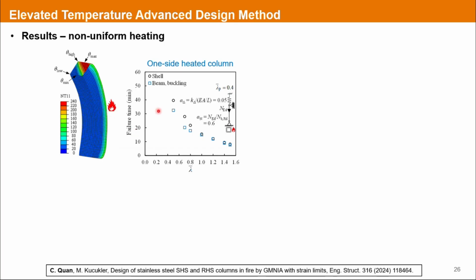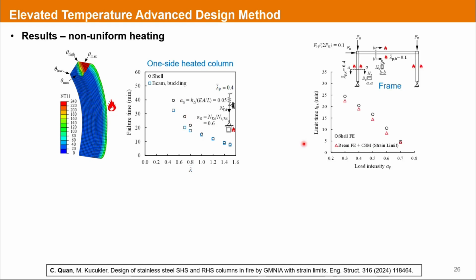Here we verified the advanced design method for these non-uniformly heated columns. We can see that the predicted failure times, as presented by these blue boxes, are generally close to the benchmark FE data, these black circles.